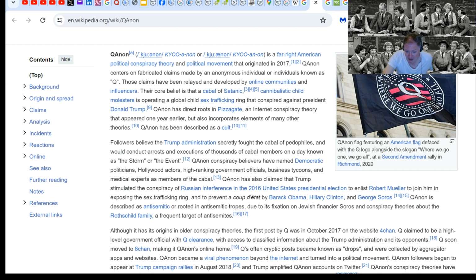This is bullshit. Rothschild means red shield. They are Templars. And the Templars are not Christians. They are Satanists. The Rosicrucians are Satanists.